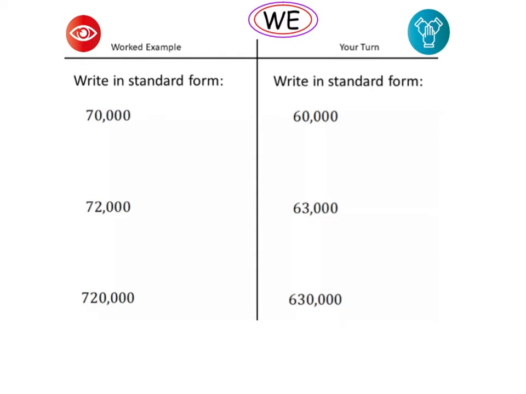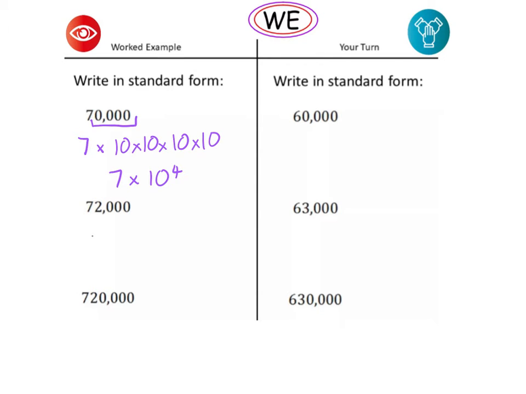So these are examples of changing them into standard form. If I look at the 70 here, then I'm looking at the addition of 4 place values. So effectively I'm going to do 7 times 10 times 10 times 10 times 10, which is 7 times 10 to the 4.